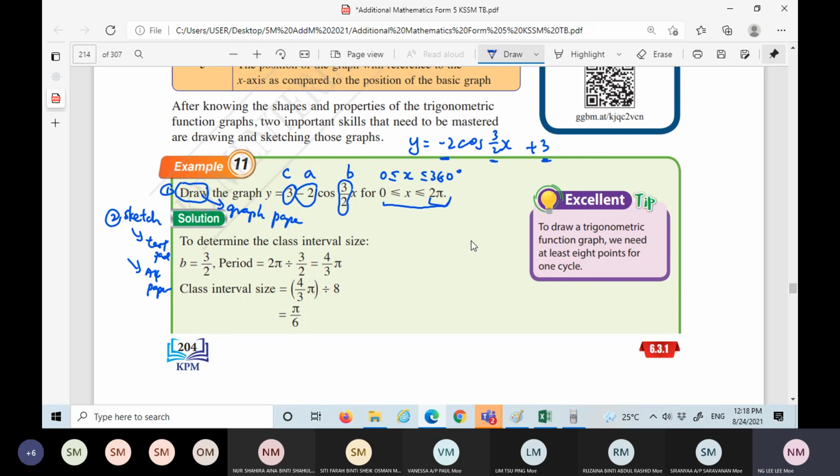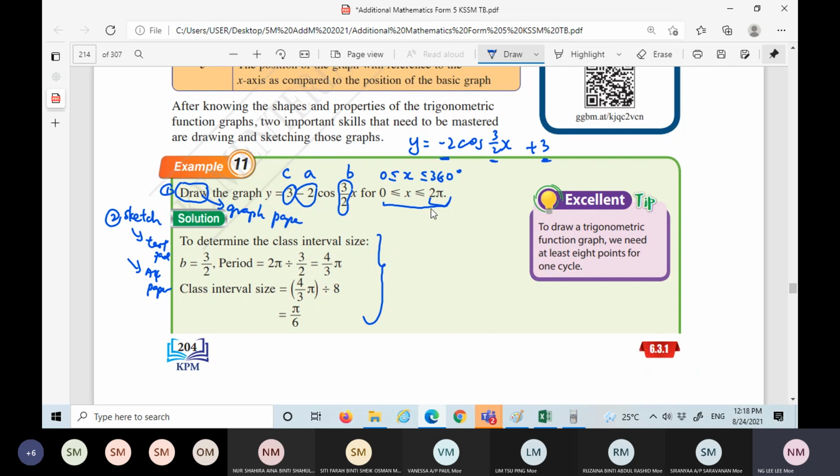Now we try. For this, I'm not very sure, your textbook looks complicated. I went through your textbook already. It looks complicated to get the class interval size, which is the same as the angular interval we did just now.